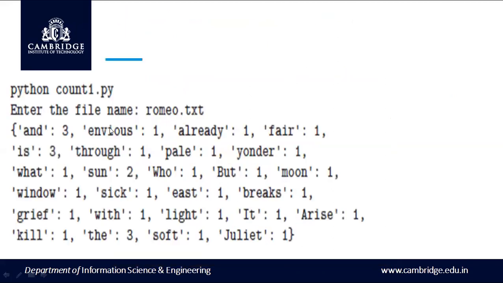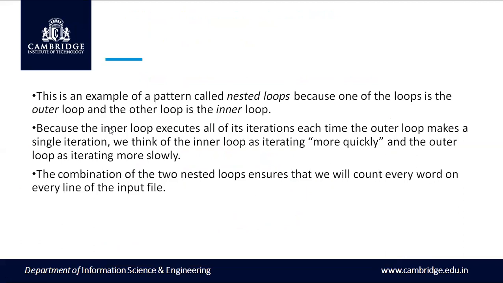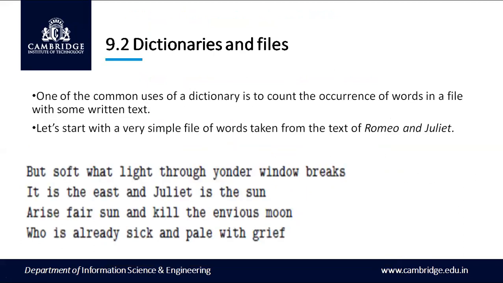Here you can see the text file which we are going to use for this program. This is a part of Romeo and Juliet, part of the text being taken. Here you can see all the words. This is the first line. The outer loop traverses through the lines.